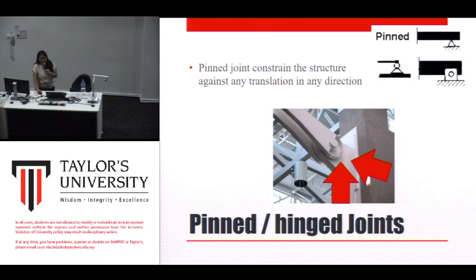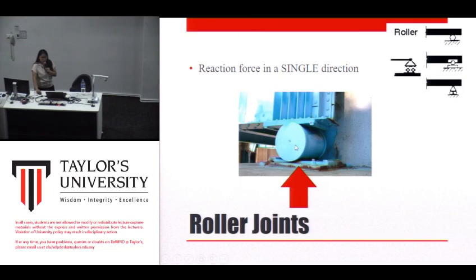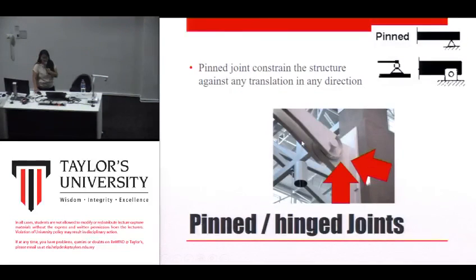This is the symbol that we use in structural analysis to indicate a pin support. Okay? The same goes for roller joint, this joint allows rotation. Alright, it allows rotation. When the rotation is allowed, this support does not take moment.